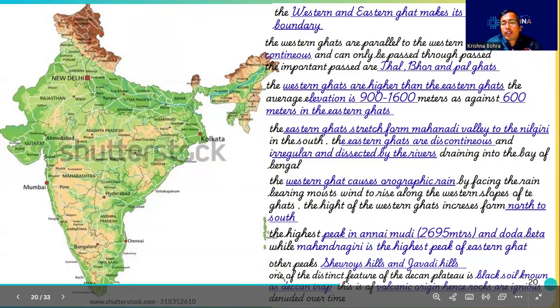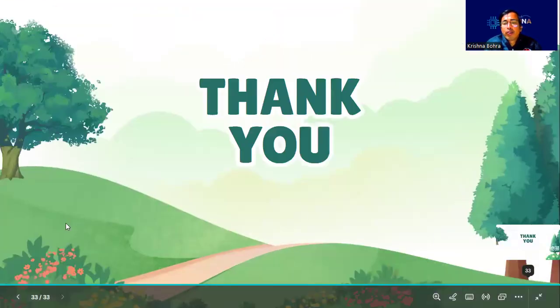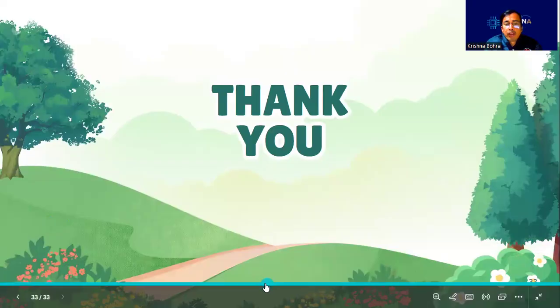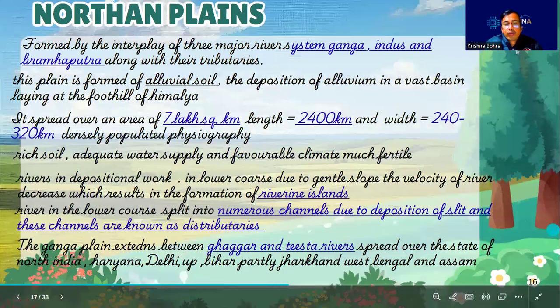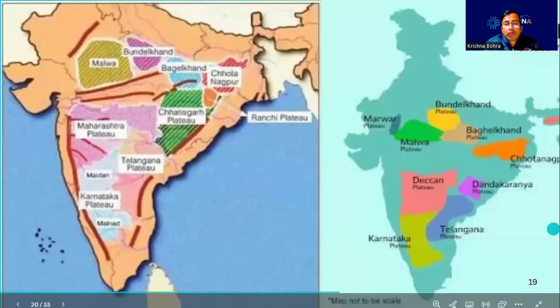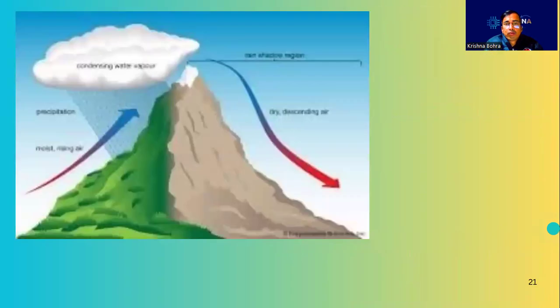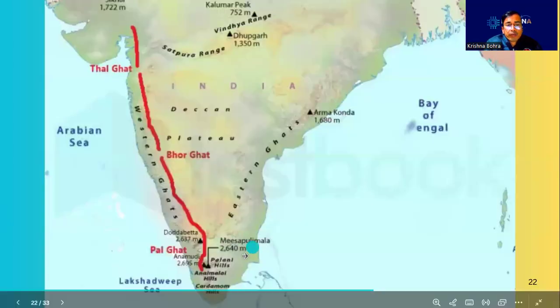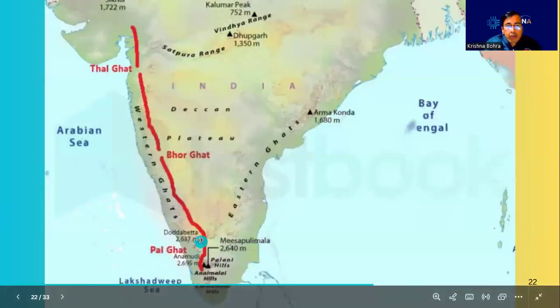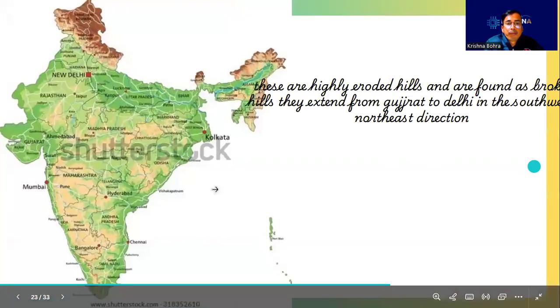So you can locate these particular peaks on your map as well. Annamudi you can locate here, Doddabetta over here, and you can also locate Mahendragiri, the highest peak of the Eastern Ghats.